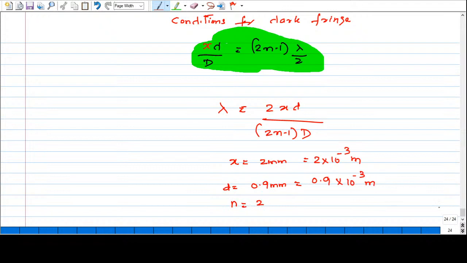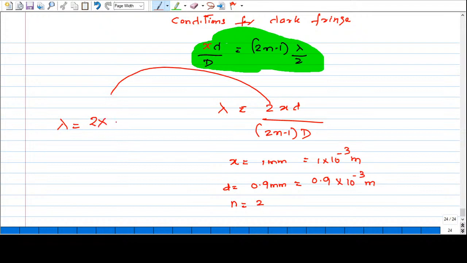And if you substitute here in this formula, we get lambda is equal to 2 into 10 power minus 3 into 0.9, it is not 2 mm, it is 1 mm in the question, it is 1 mm. Now in the formula, now we can substitute here. In the formula the number 2 is there, I can substitute 2 here.